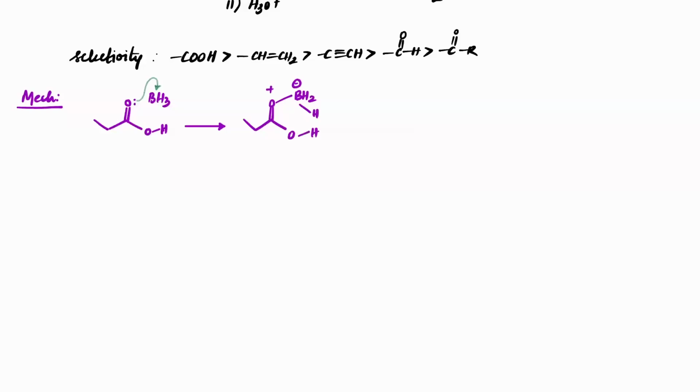Now notice this OH here, this H minus will take this H plus, and this double bond will shift here, and then this bond will shift onto oxygen, and that will make it O with BH2, and here I'll get double bond O plus H2.